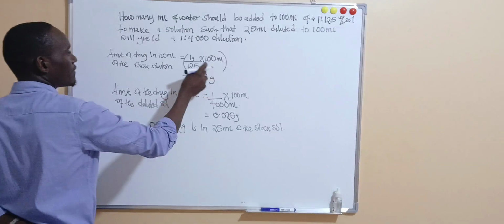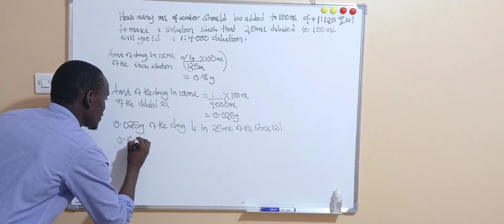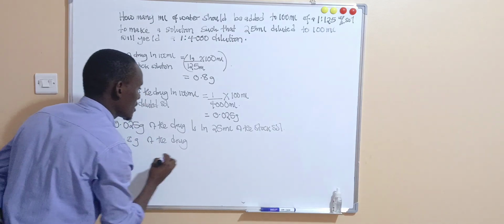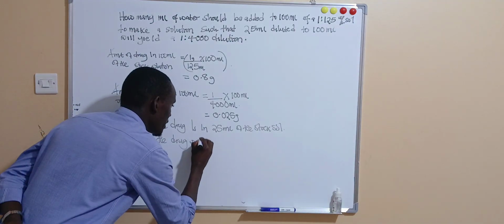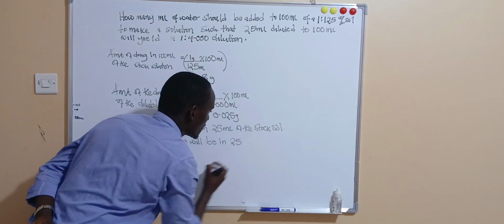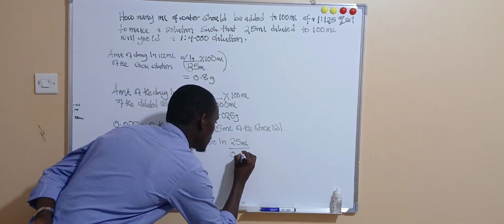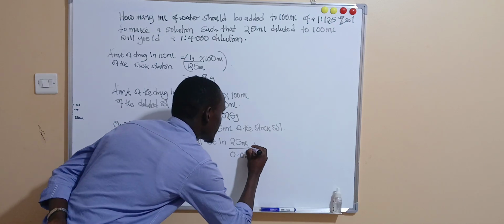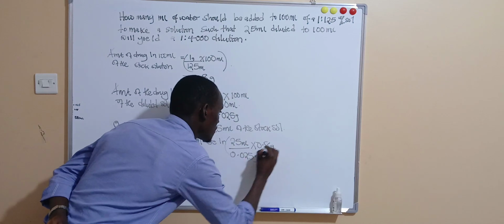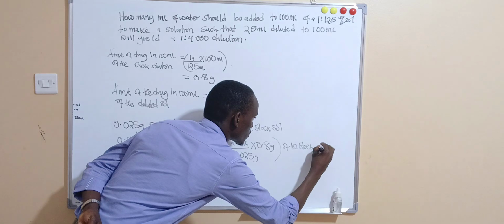How about the 0.8 grams of the drug will be in 25 mils over 0.025 times 0.8 grams of the stock solution.